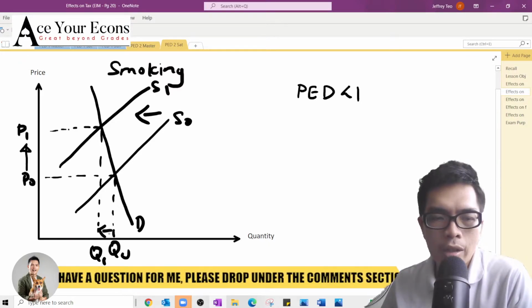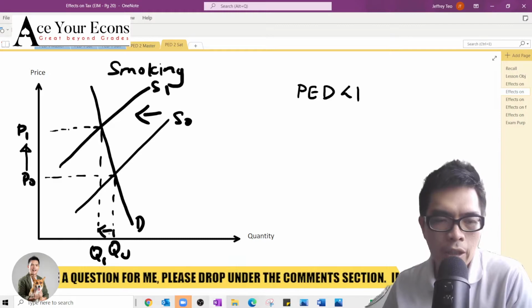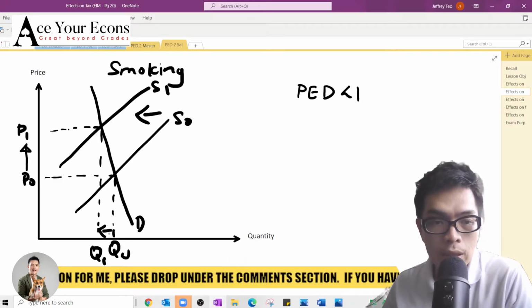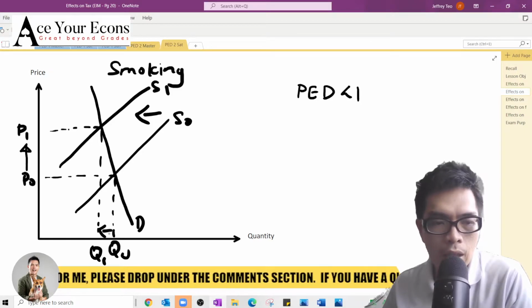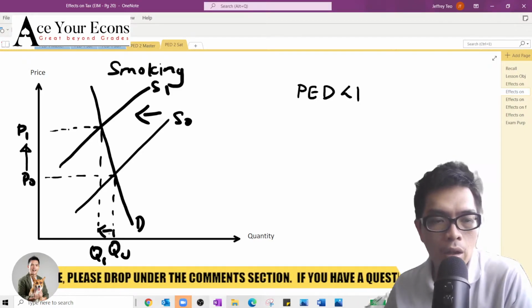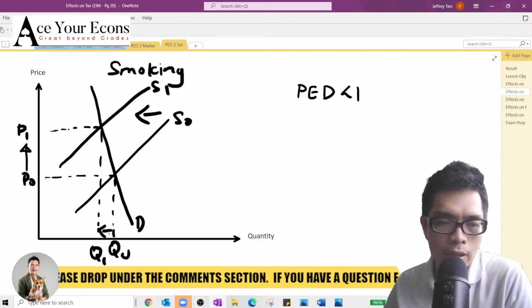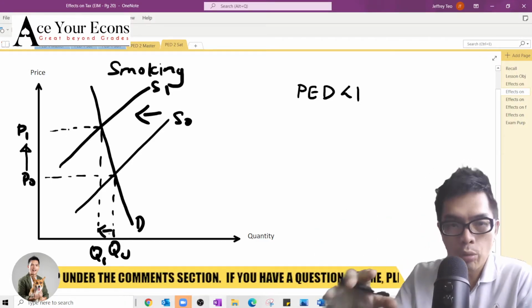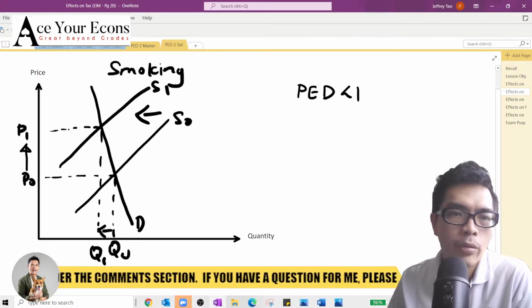Why? Because the objective is to lower the quantity significantly, right? But because demand is price demand inelastic, you are not going to curb your consumption of cigarettes significantly. So this is one way to illustrate this. This is a simplified way.